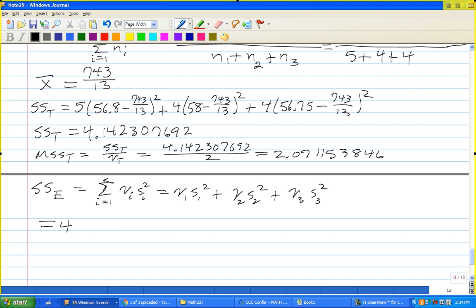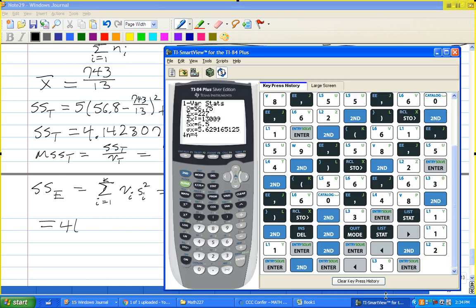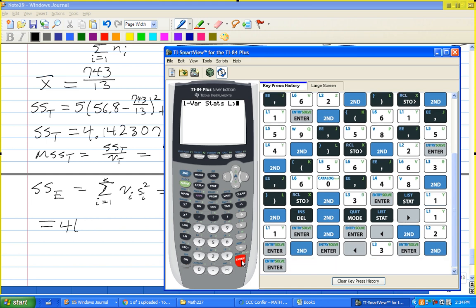Let's figure out what each of these are. Well, I'm going to have to go back here to figure out what that was. So I did it for L1, I forgot. So L1, that's the standard deviation.